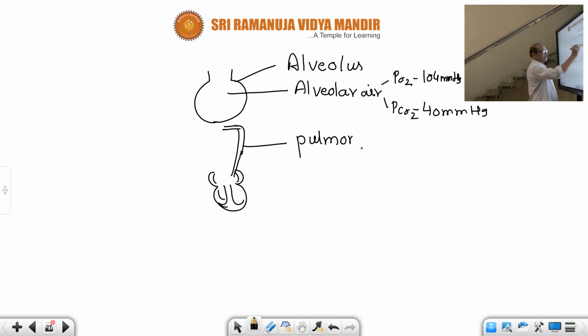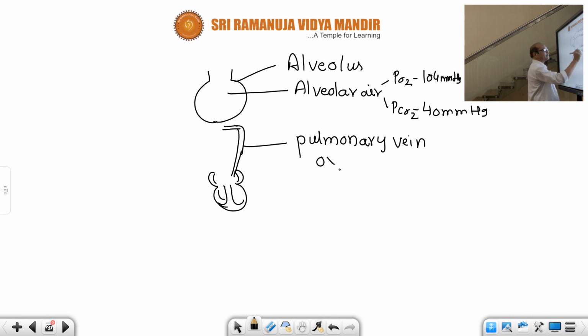Yesterday I have already given the two types of exchanges, pulmonary exchange and systemic exchange. This pulmonary vein collects blood from lungs and brings it to the heart, pure blood.